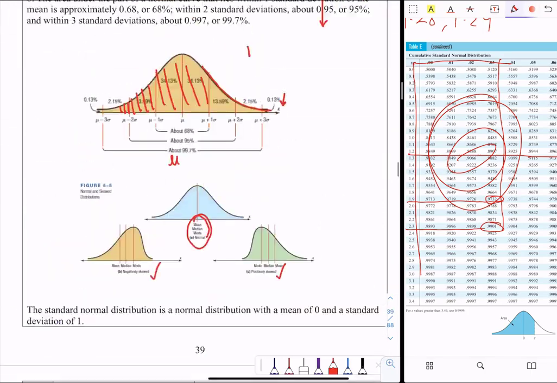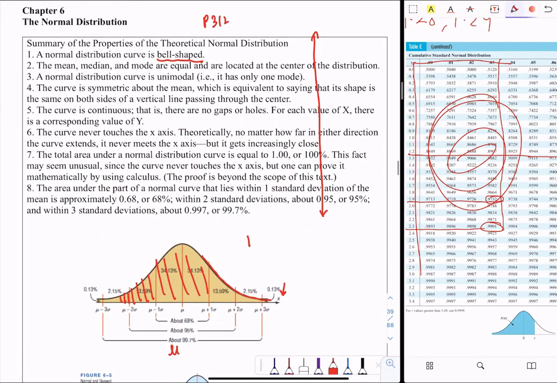Here we have the normal distribution curve. When we have the normal distribution, we assume that the data is normally distributed. When the data is normally distributed, it will form the bell-shaped curve.